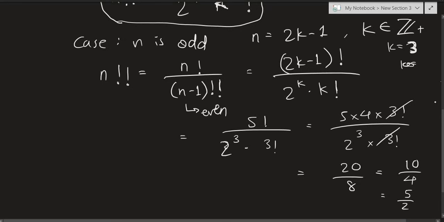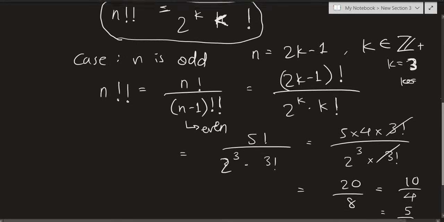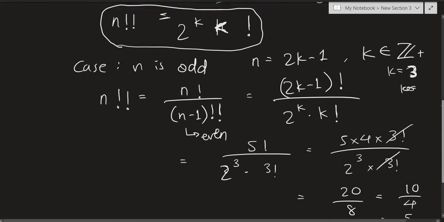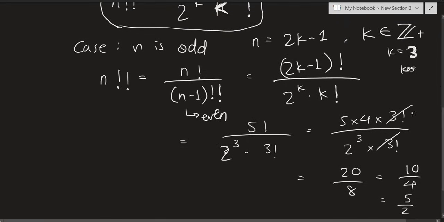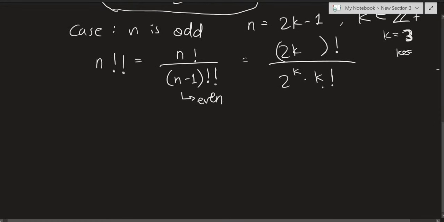And that was basically 2k minus 1 double factorial, right? So factorial until 5, so we have 1 times, basically the fifth odd number. So 1 times, I'm really sorry guys, I made a mistake here, a silly mistake.